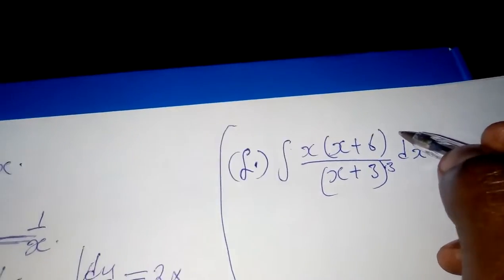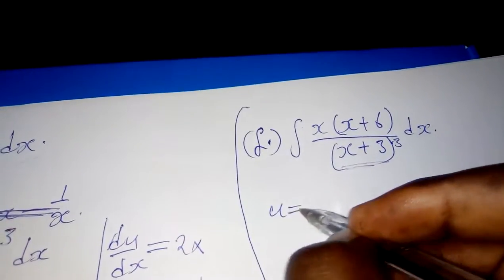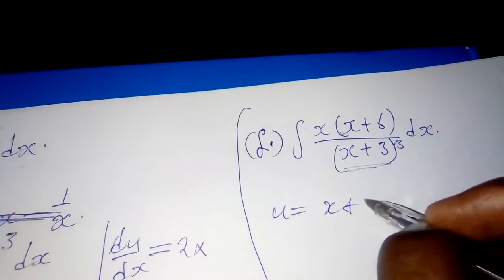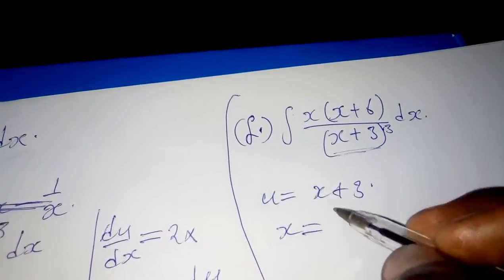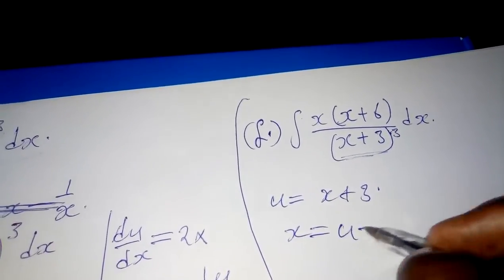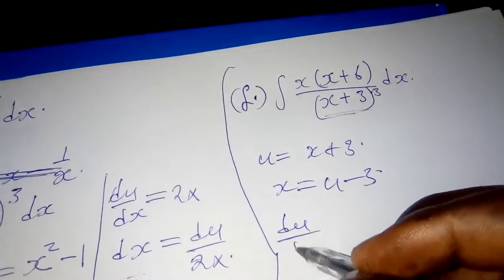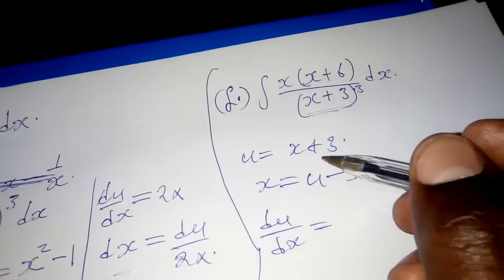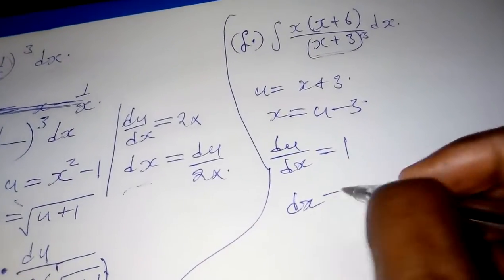So to integrate this, you make your u as that. So you let u be equal to x plus 3, so that when you make x the subject, you have u minus 3 as your x. Then you find du dx, there you get your solution to be 1.